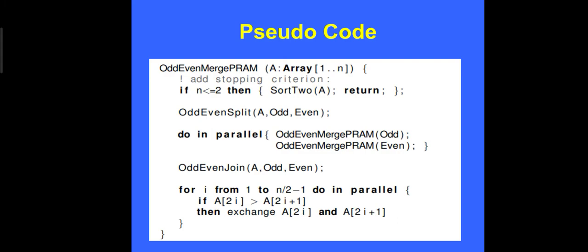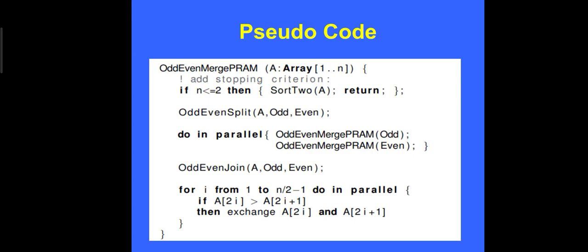The same algorithm can be implemented in parallel on parallel processors. The pseudocode says that again we divide the array into two halves, one odd and another even. The odd even merge sort procedure sorts the odd elements, and again it takes the even elements.